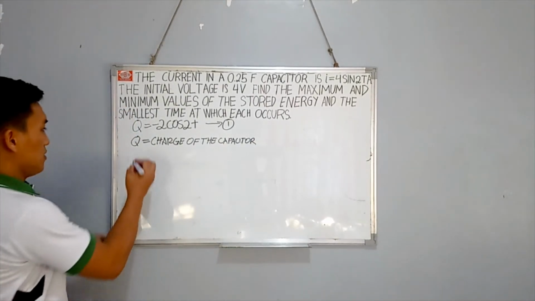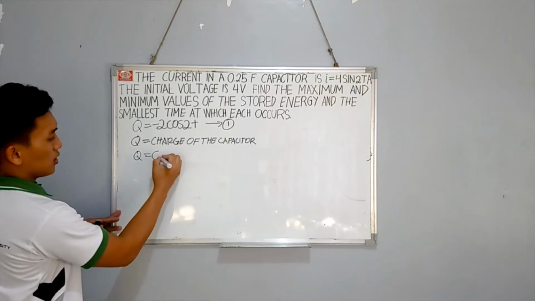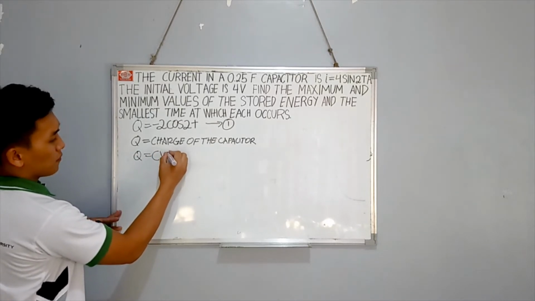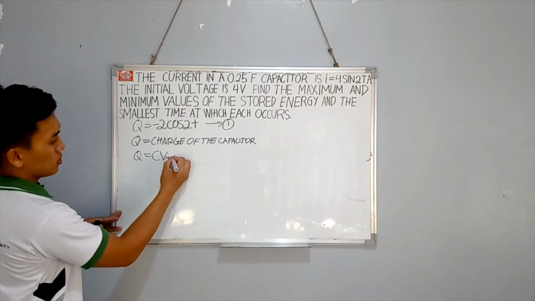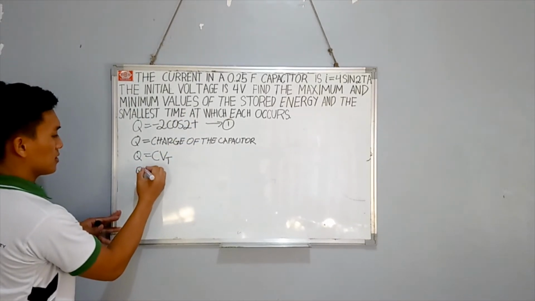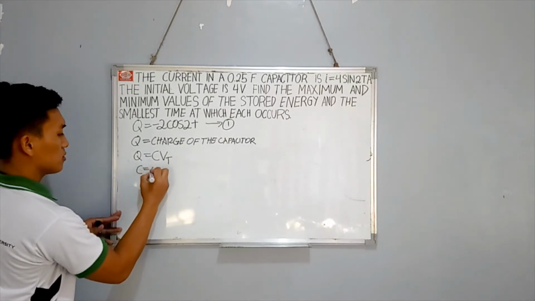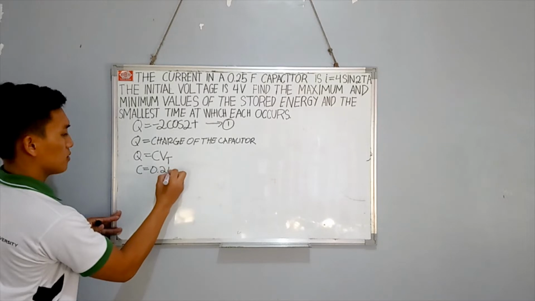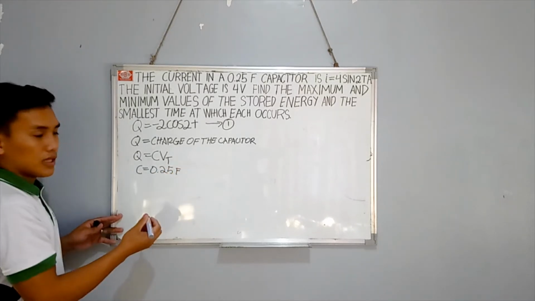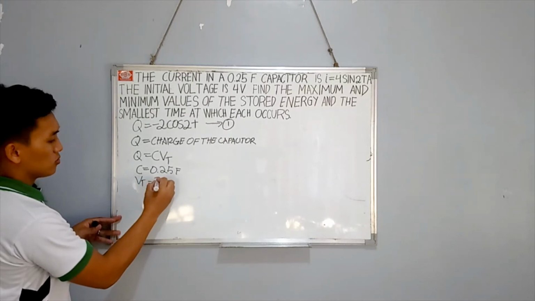Since Q is equal to the capacitor times the total voltage of the capacitor, C is equal to 0.25 farad, and the total voltage of the capacitor is unknown.